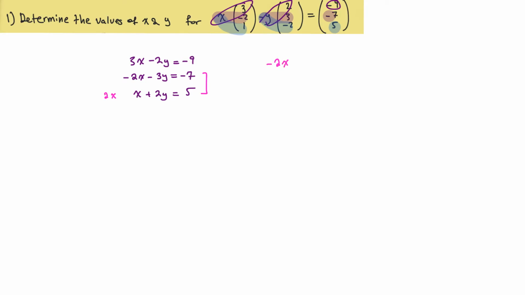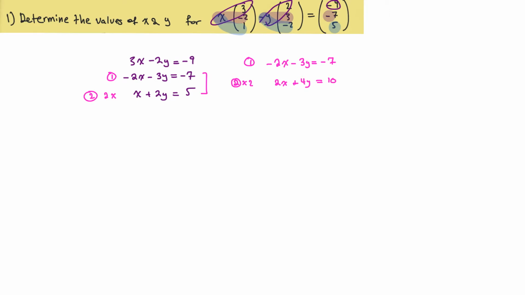So my top equation is 2x minus 3y is equal to -7. Let's label that equation 1. And equation 2 is multiplied by 2, so 2 times 2 gives me 2x, and 2y times 2 is 4y, and 5 times 2 is 10.